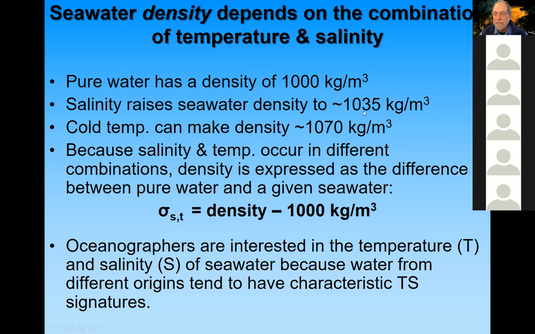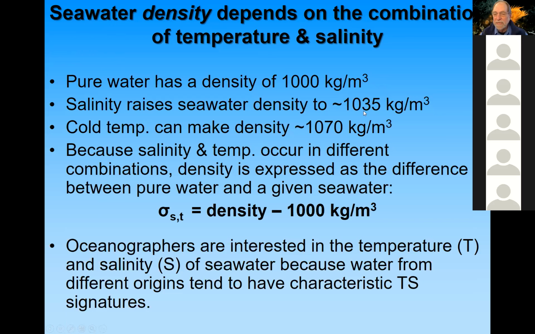This is the range of salinity, fairly narrow, from about 34 to about 35. And this is the average temperature range, from about -2 to about 10. So this rectangle determines what the temperature is for most of the water in the ocean.